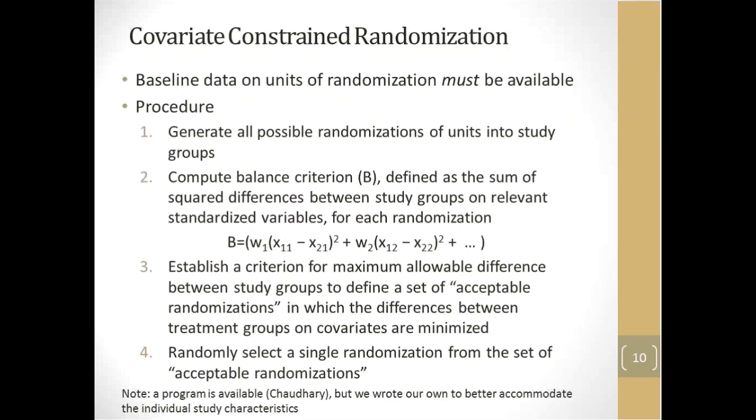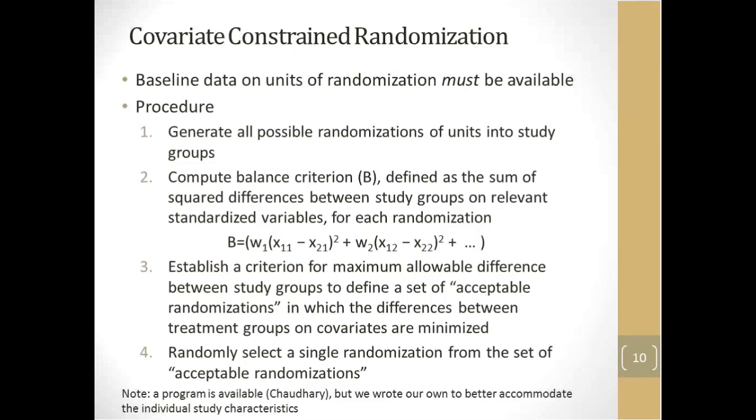And key, once again, first of all, you have to have baseline data on units of randomization. And then once you have that, the procedure itself is fairly simple. In step 1, you generate all possible randomizations of units into study groups. Step 2, create a balance criterion, and the balance criterion is defined as the sum of squared differences between study groups on relevant standardized variables.